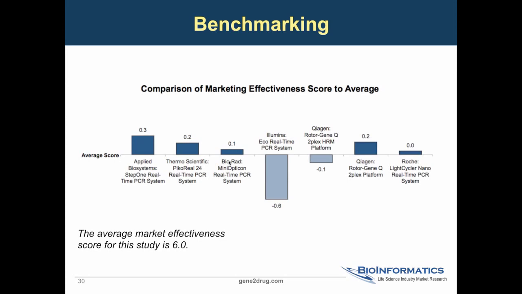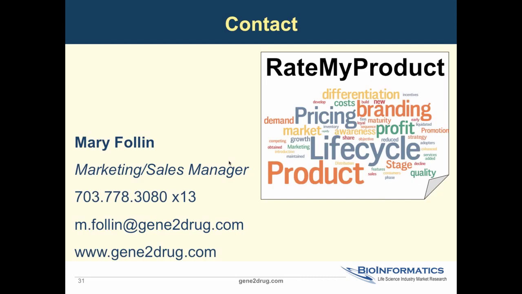Brand awareness and the believability of communications produced by Applied Biosystems made the difference when examining the differences that generate the overall score for marketing effectiveness. The difference in the marketing effectiveness scores between the two companies makes this clear. Applied Biosystems score is above average and Illumina's is not.